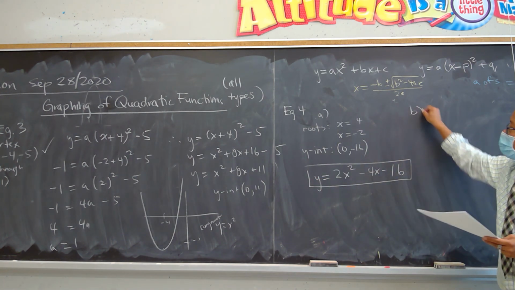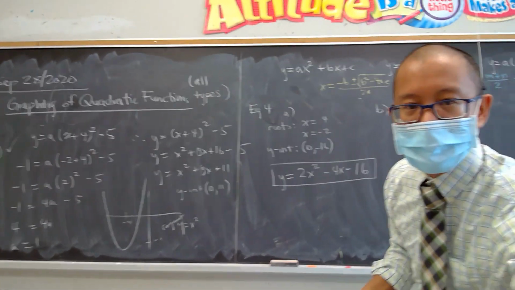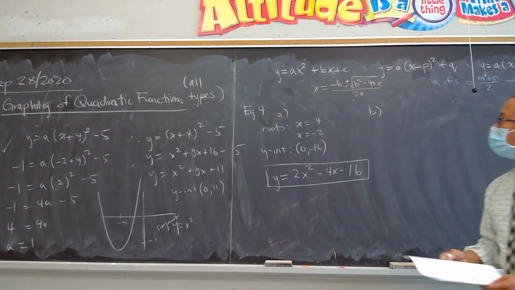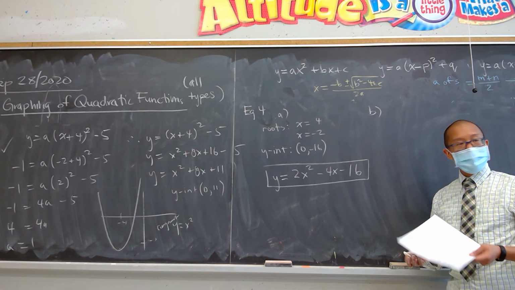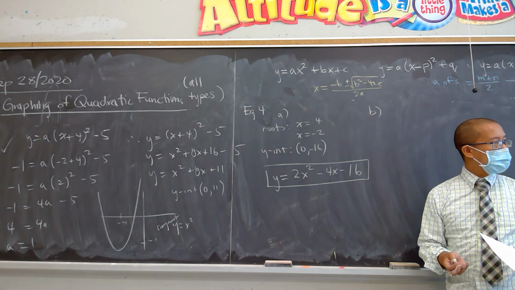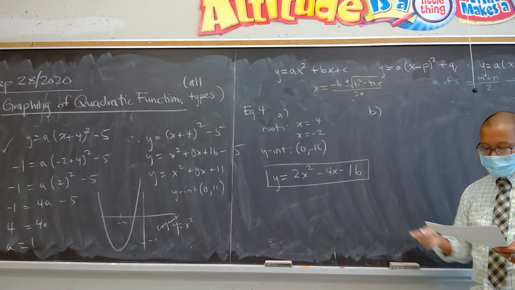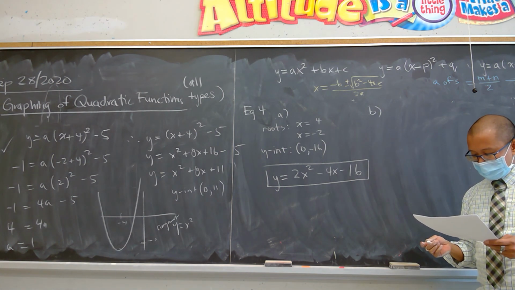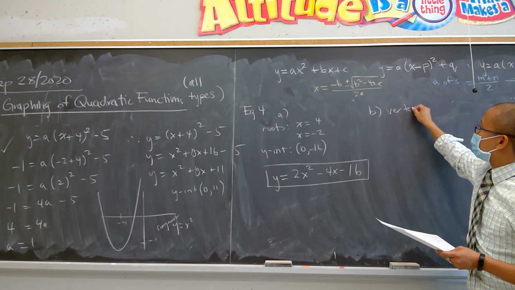For example B, though, let's see if I'm still on the screen. I'll move this over just a tad. Example B. Notice it doesn't have any x-intercept, right? So we can't use the factored form. But I think we can see the vertex. Let's see if someone actually can read.